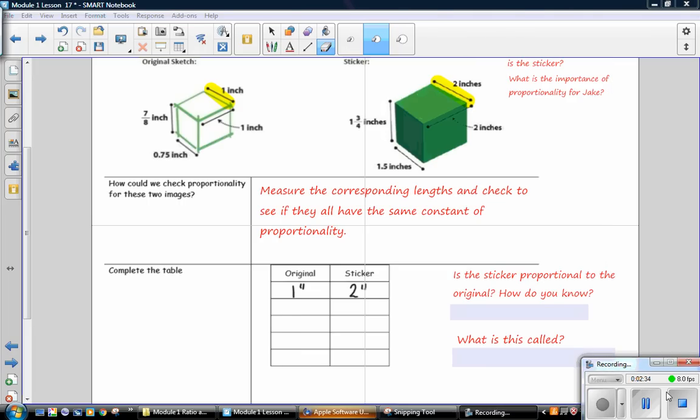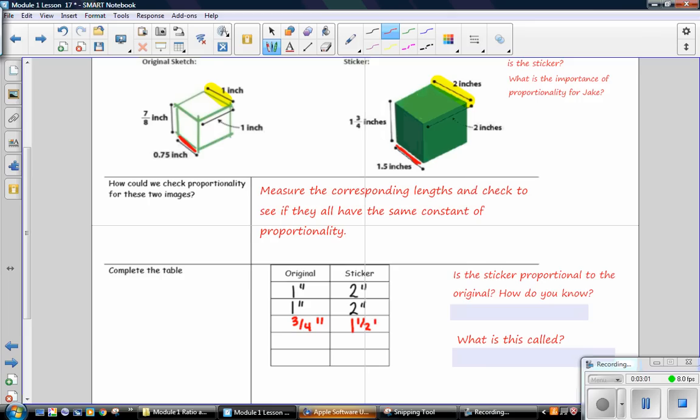Then we have the 1 inch going across here, and that corresponds to the 2 inches going across here. So we have 1 inch and 2 inches. And then we have the 0.75 inches, which corresponds to the 1.5 inches. And we're going to convert those to fractions. The 0.75 is 3/4 of an inch, and that's 1.5 inches.